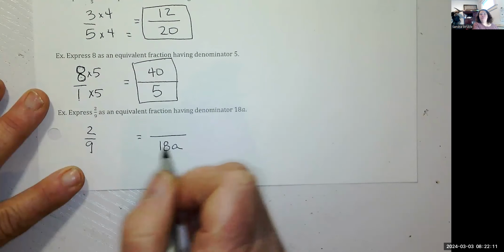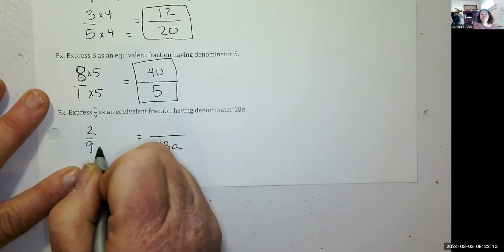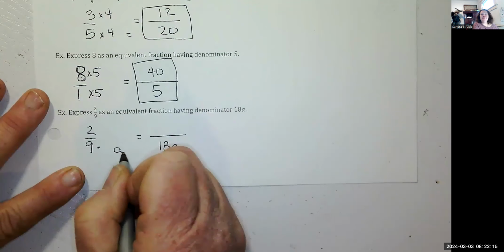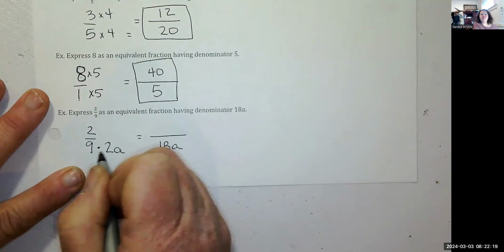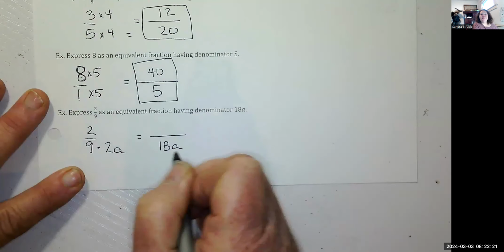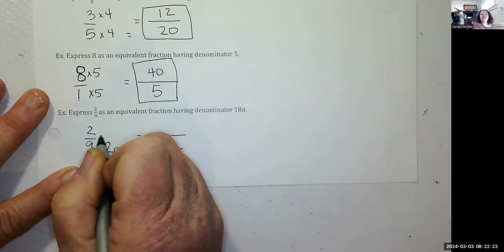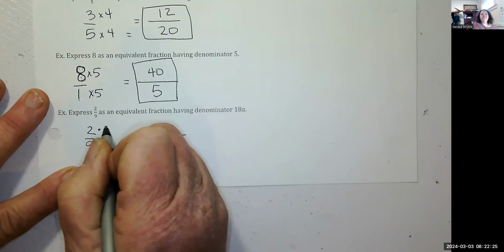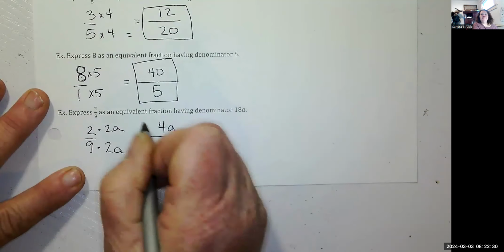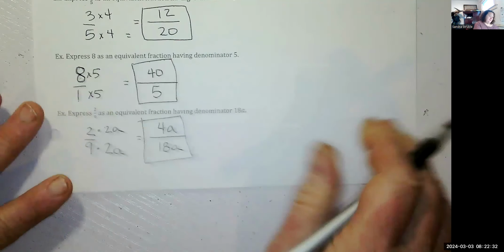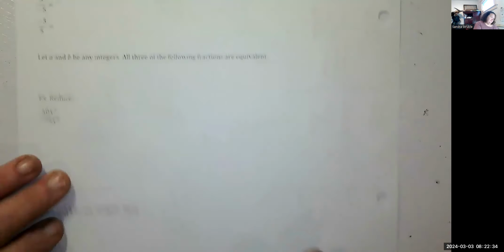Well, it needs to have an a in there that it's multiplied by, but it needs another number as well. 9 times 2 is 18. So 9 times 2a would give us 18a. Again, what we do to the bottom, we have to do to the top. 2 times 2 is 4a. There we go.